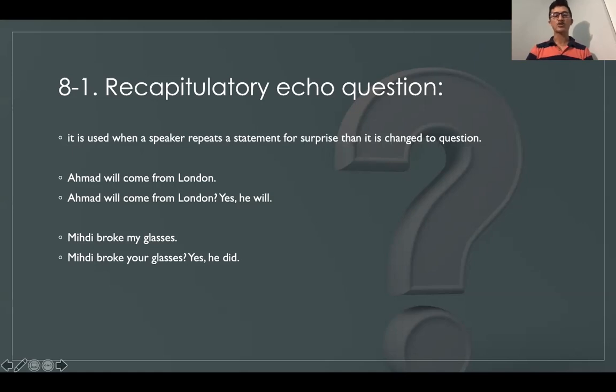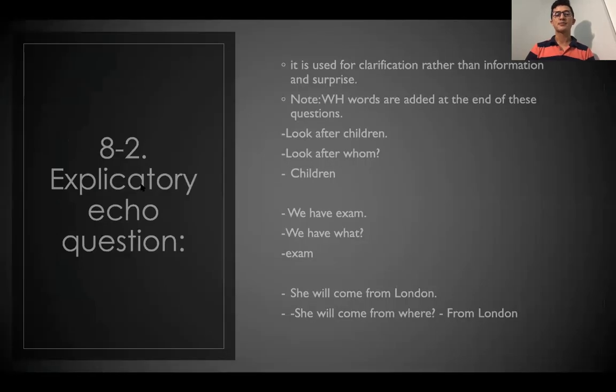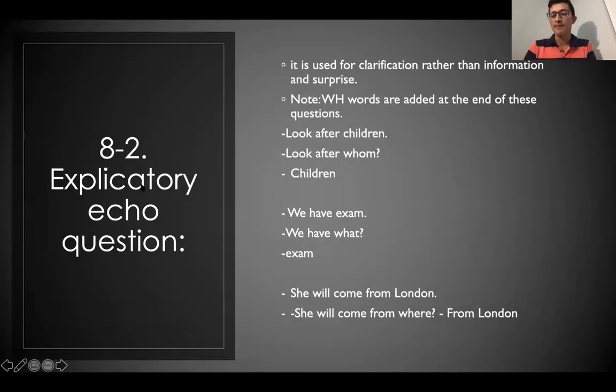So another type of recapitulatory question is explanatory question. The difference between recapitulatory question and explanatory question is this: in recapitulatory, you just repeat the statement of someone to show surprise.